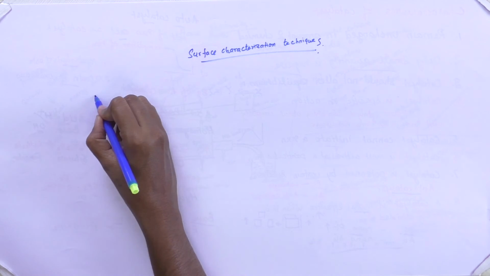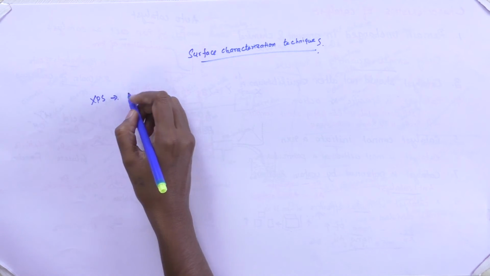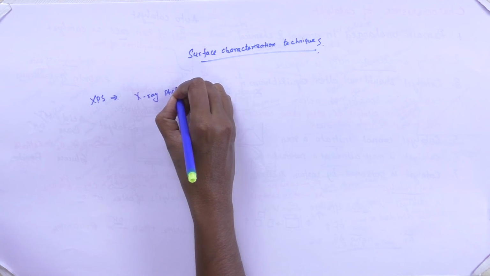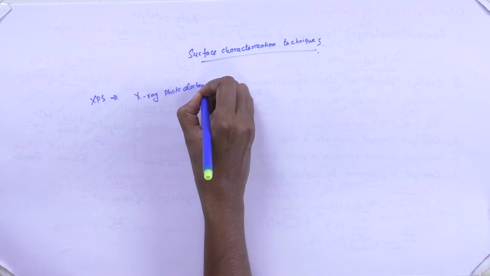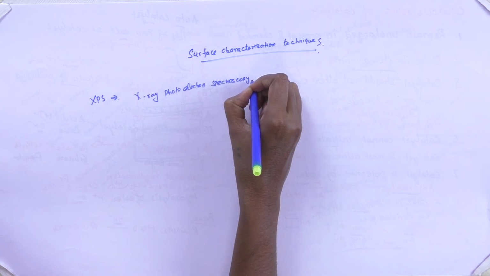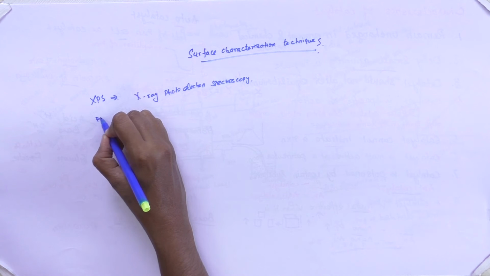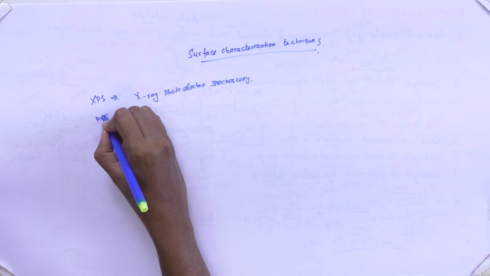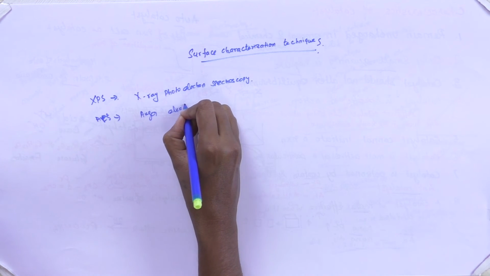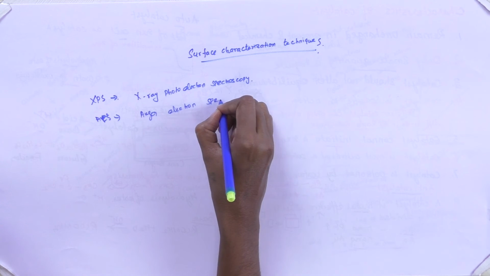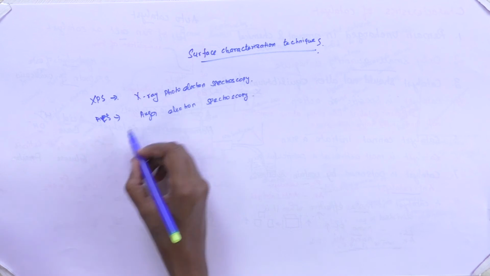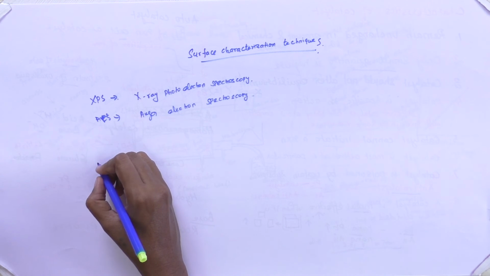First one is XPS. The abbreviation for XPS is X-ray photoelectron spectroscopy. And next one is Auger electron spectroscopy, AES. And then AFM.